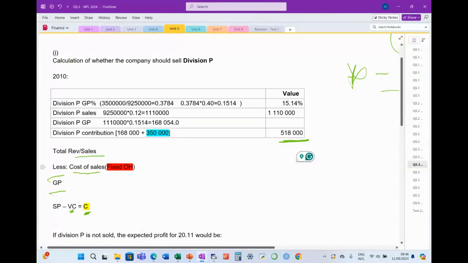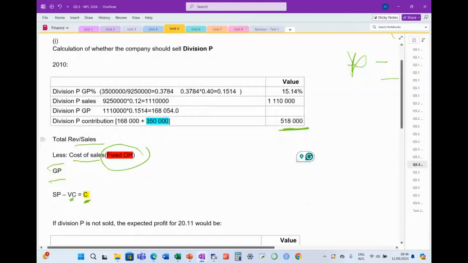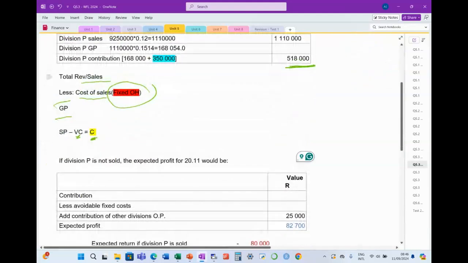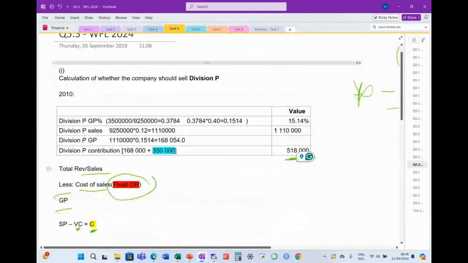So we obviously are adding back that fixed overhead. So then the next step would be to calculate, yes, it's coming from here. It's the gross profit that we calculated.